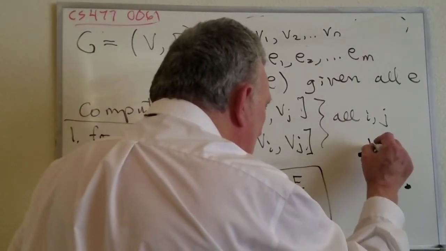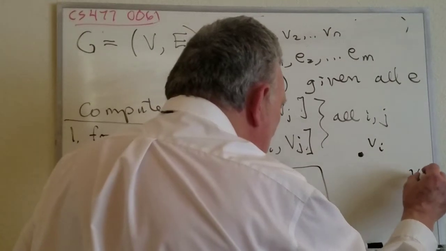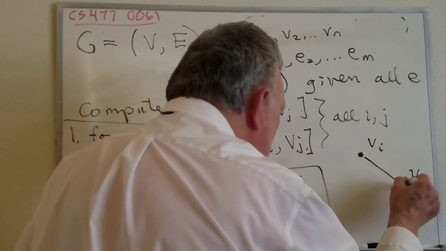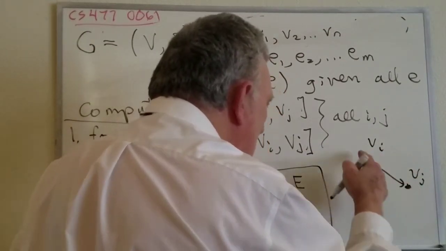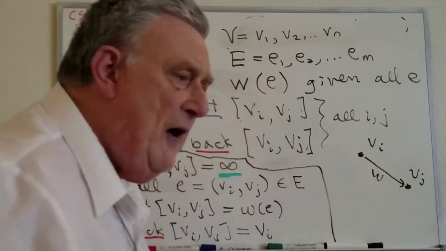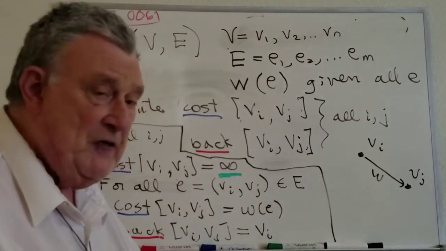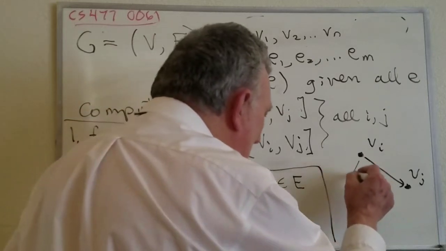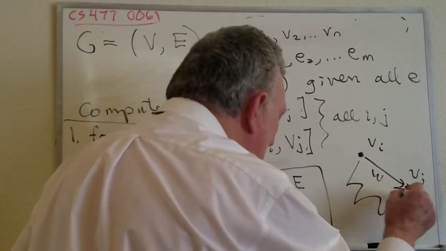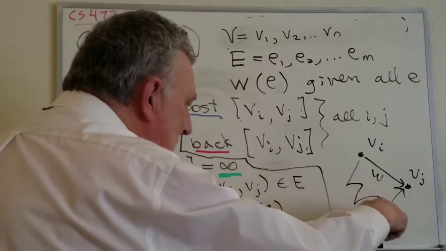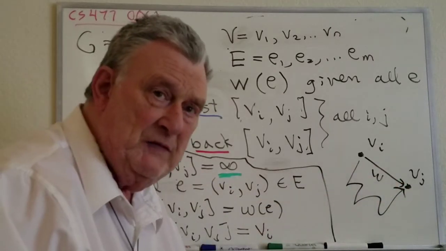If we have vi here and vj there, and if there is an edge which has weight w, then that edge constitutes a path from vi to vj. It might not be the best possible path, because there could be some other sequence of edges that have a lower value.